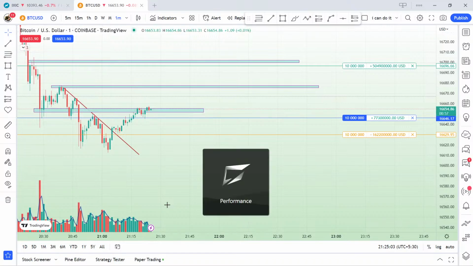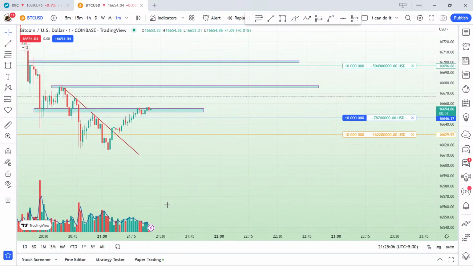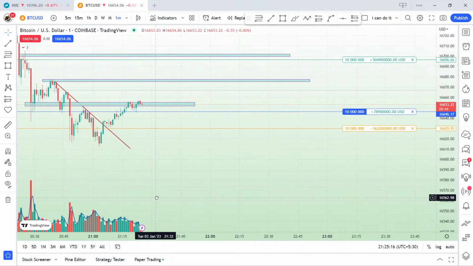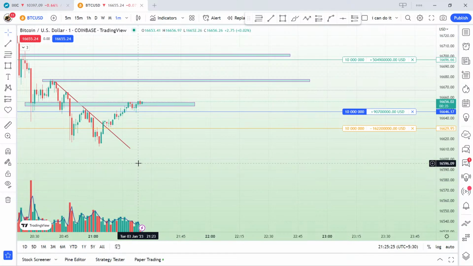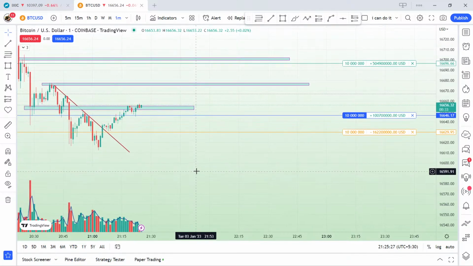I put a performance mode, and I'm going to use the brightness. Okay, fine. It's still respecting this area. Take out the range so that we can start trailing our stop loss.